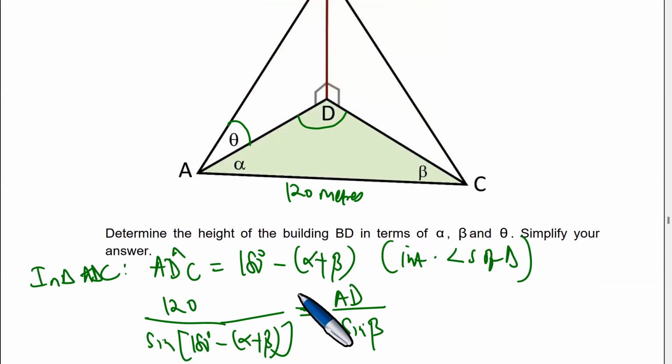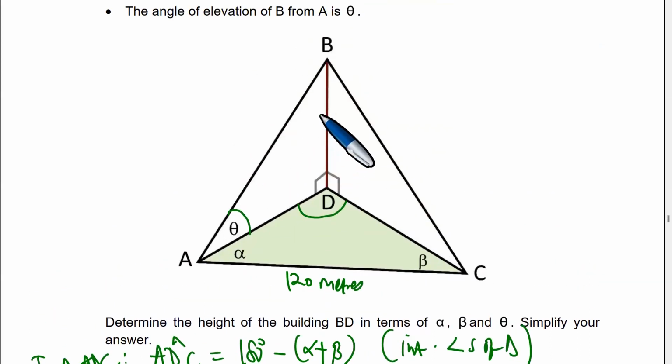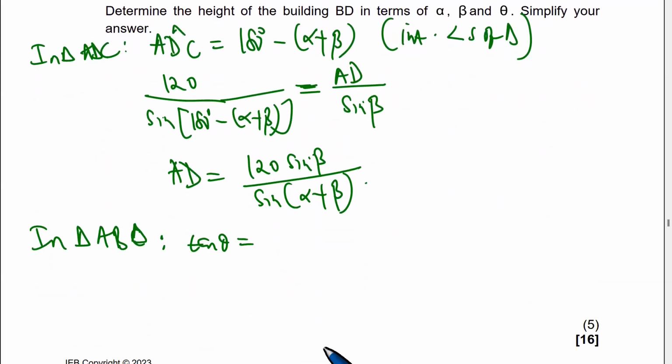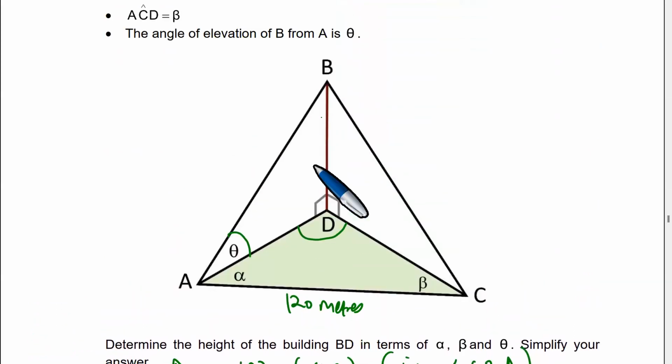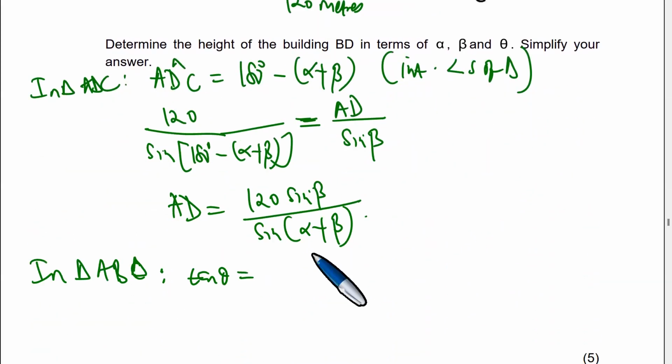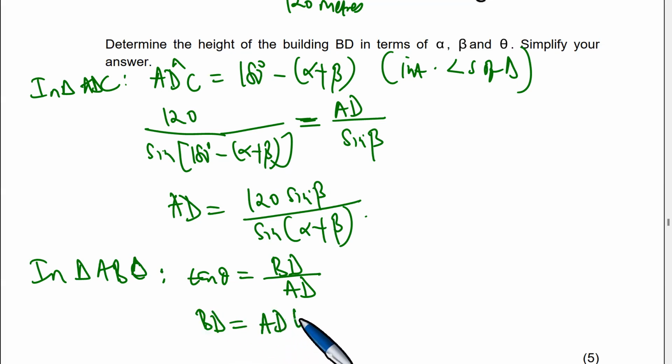So the tan of theta is opposite over adjacent, which is BD over AD. Which means BD is AD tan theta.